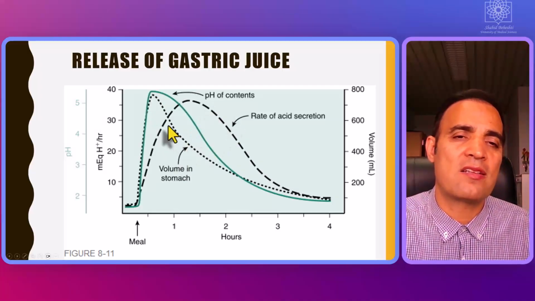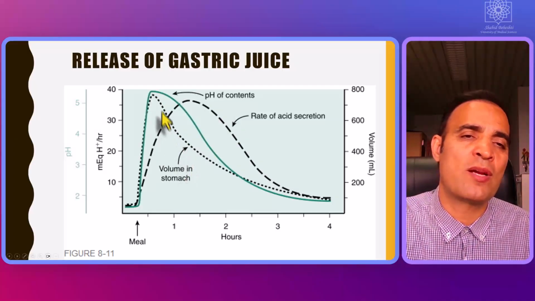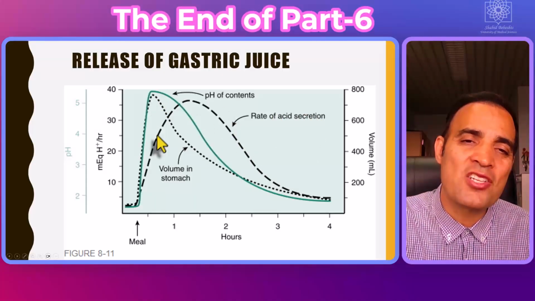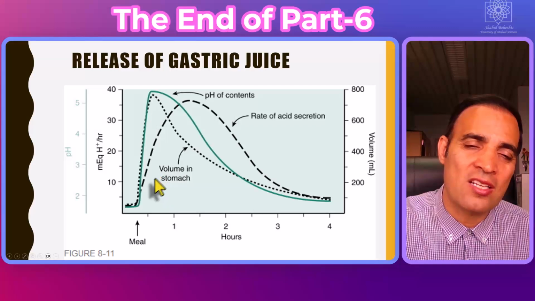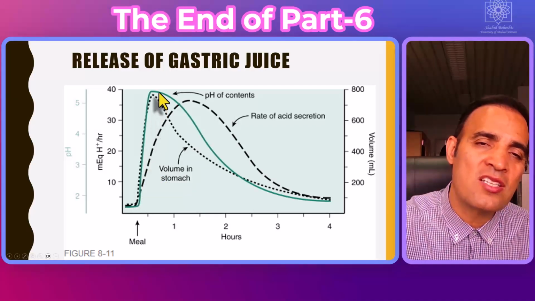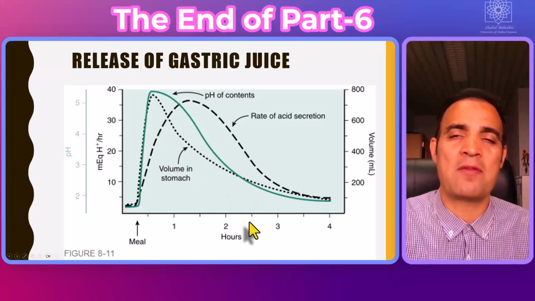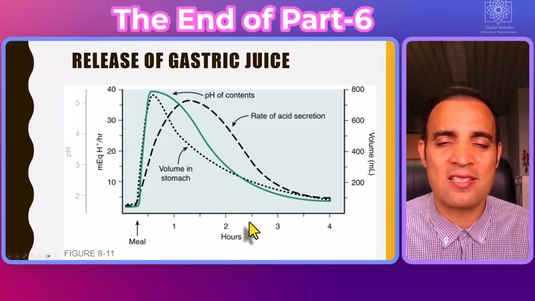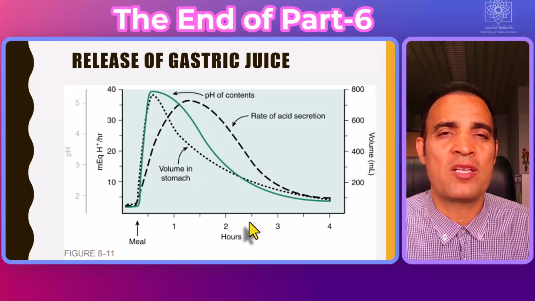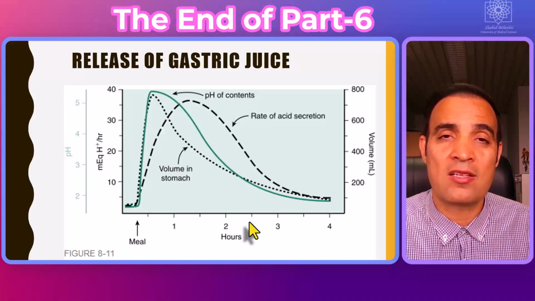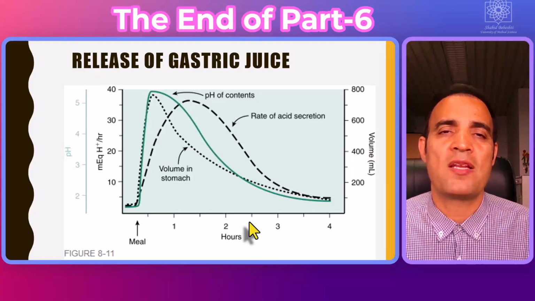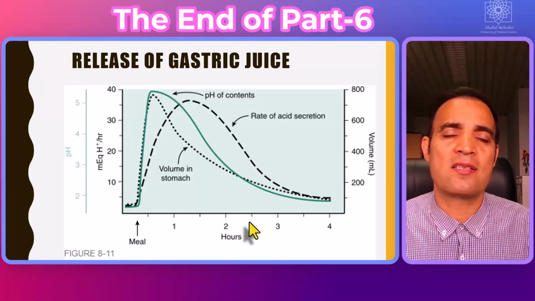On the other hand, the volume of the stomach increases. The rate of acid secretion, as you can see in this dashed line, gradually increases to decrease the pH again and make the acid environment strong again.